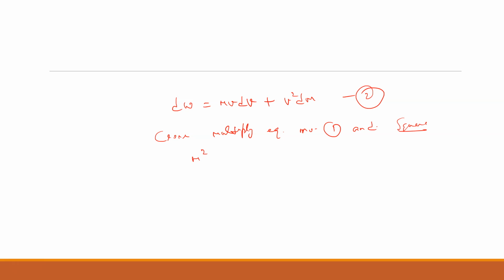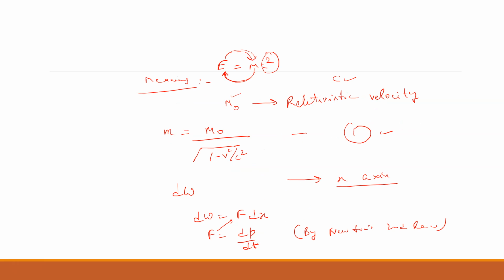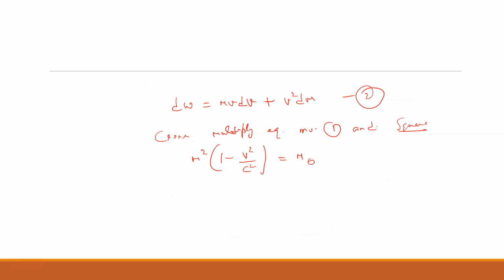So it will become m square into 1 minus v square by c square equals m naught square, with the root removed.